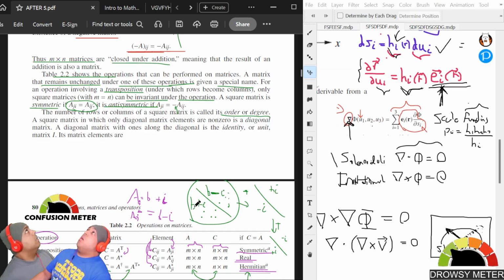But conjugation doesn't affect this guy here. So I don't think it's anti-symmetric. Maybe if everything inside was imaginary, then we could say it's anti-symmetric, maybe.